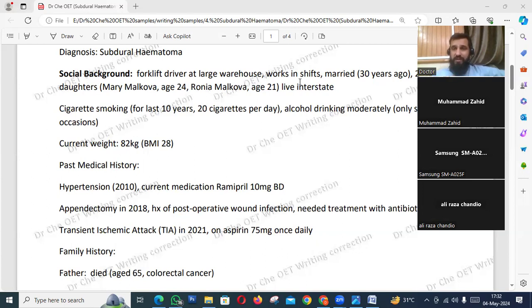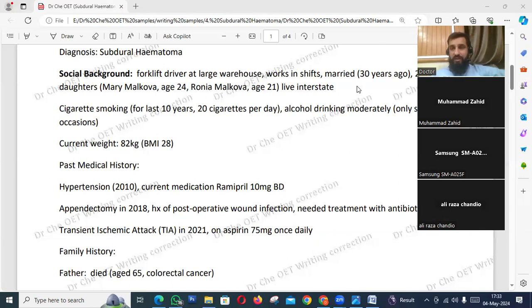You cannot skip this information. Cross the information that is not important. And make a circle for what you have to decide later on whether you are going to write it or not. Here I will cross everything except that her daughters live interstate.